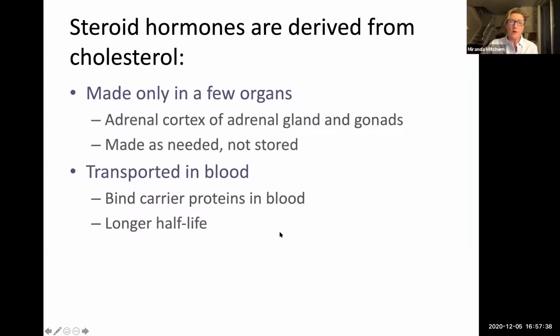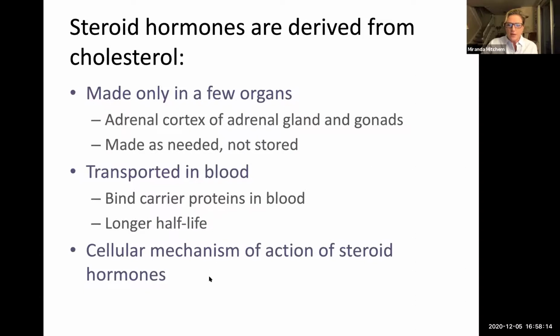Now, steroid hormones have a considerably longer half-life than do the peptide hormones. So this is an example, like we've seen many times before, where we have a range of effects that cover different time frames and also allow the access to different parts of the body, specifically a slow response versus a fast response, or a response in the bloodstream versus somewhere in a lipid soluble compartment of the body.